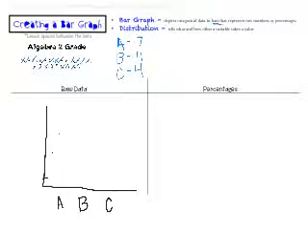So 1, 2, 3, 4, 5, 6, 7, 8, 9, 10, 11. And I want to make sure that those are as even as I can get. Obviously, if I were drawing on a piece of paper, it's going to look a little better.